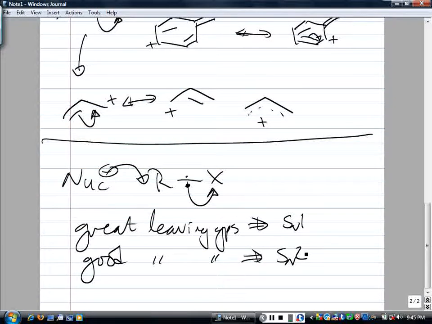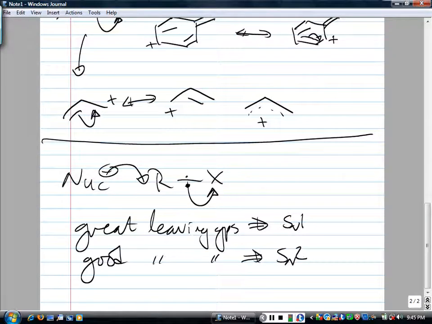Now I'm going to make 2 points here. Point 1 is, you notice we're saying promote SN1 and promote SN2, because the only factor that determines what happens is the nature of R. If R is methyl, there's no promotion, we get SN2. If R is tertiary, there's no issue, you get SN1.